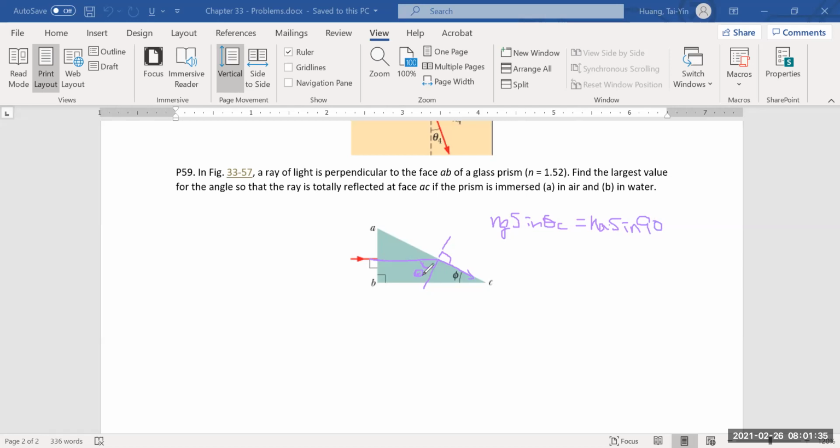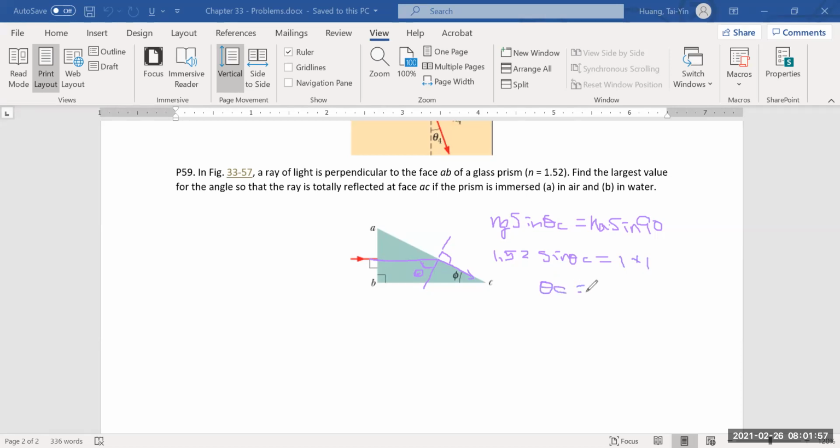So this is your critical angle, and this angle of refraction is actually 90 degrees. So then you have 1.52 times sine theta c, and that's equal to n(air), which is 1, times sine 90, which is 1. So you can calculate your theta c.